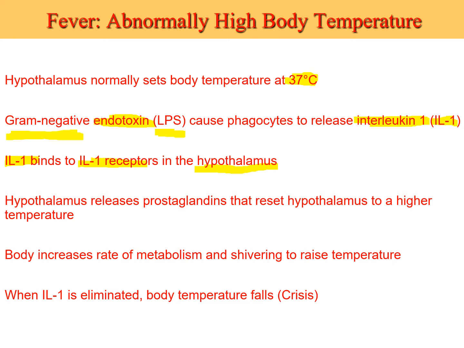And the hypothalamus will be triggered to release prostaglandins that reset the basic temperature to a higher level. And that results in a higher rate of metabolism and shivering to raise temperature.